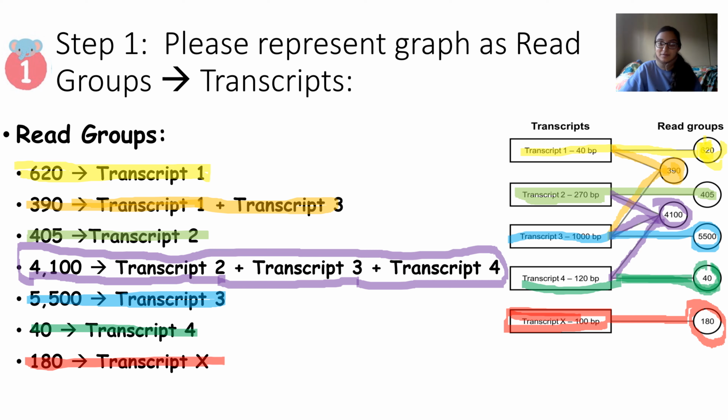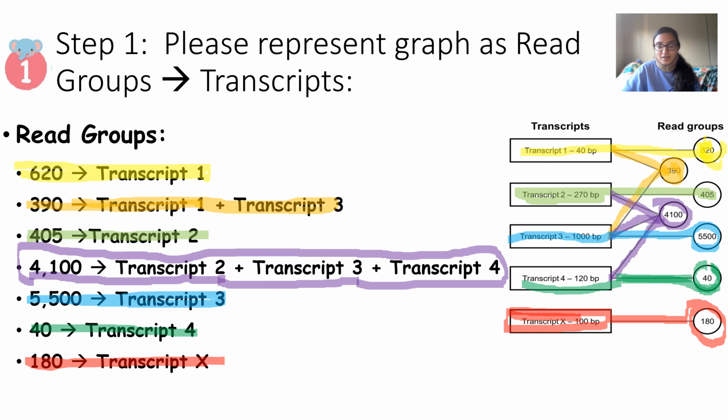So that's how we can take this graph apart and do this mapping. What we're going to do next is say that this has 1 transcript group, this has 2, this has 3.